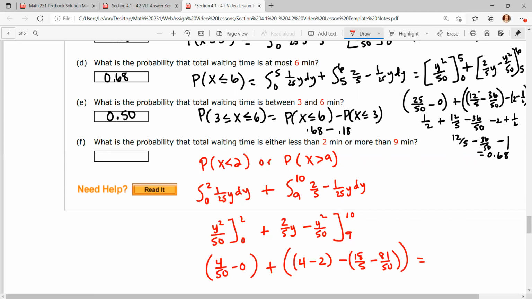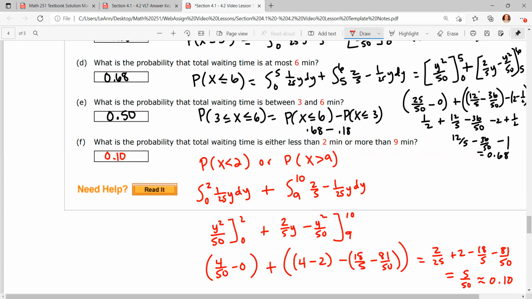We could clean up a little bit. That's 2/25 plus a 2 minus 18 over 5 minus 81 over 50. You could type all that into your calculator if you don't want to work it out by hand or get the common denominators. But it ends up being 5/50 is what it will reduce down to, which is 0.10.